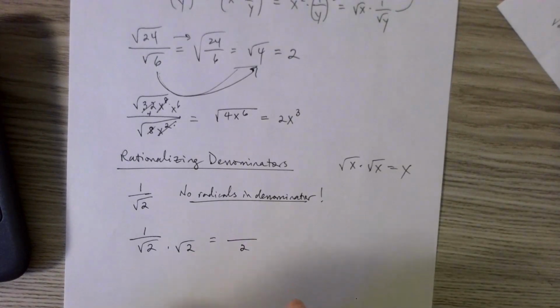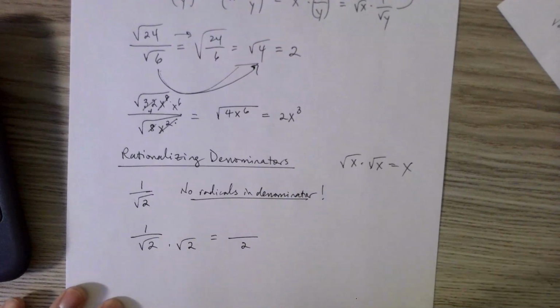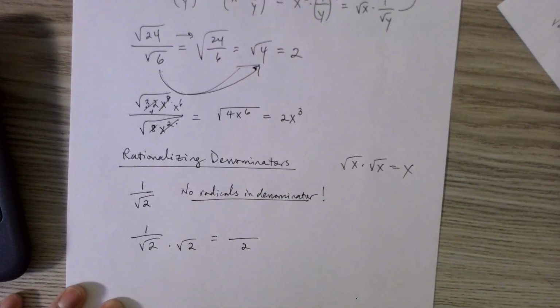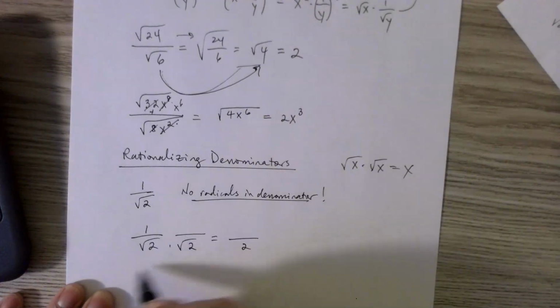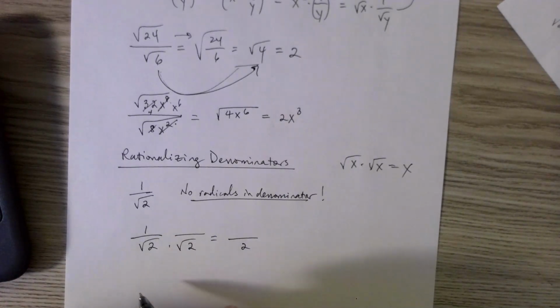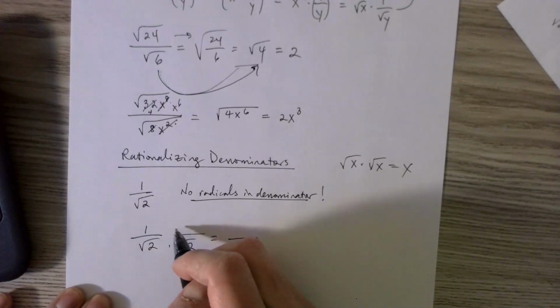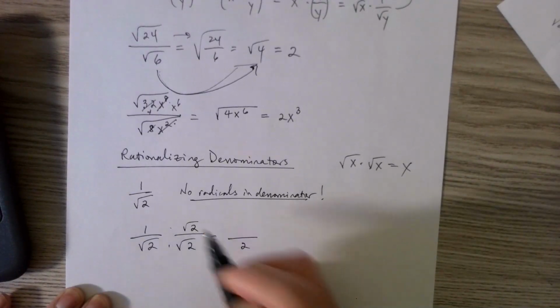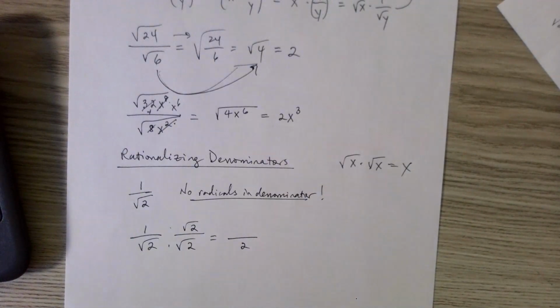No more rad in the denominator. But I can't just go around multiplying all the denominators with rad 2. That would be cheating. I have to multiply this fraction by something that doesn't change the value of the fraction, meaning the number 1. So I have to multiply the top also with rad 2 to make this legal.